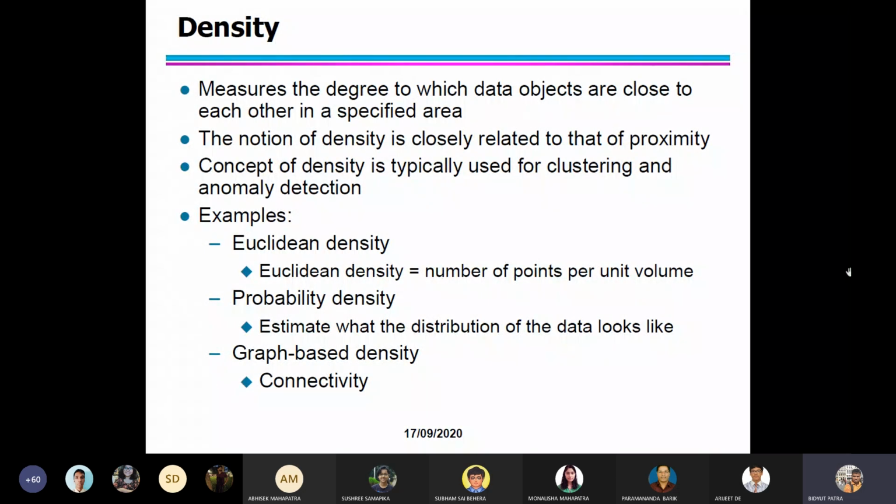So here Euclidean density is nothing but the number of points per unit volume. How do points come here? As I said at the beginning of the class, an object consists of a set of attributes. Sometimes we say this is a pattern, sometimes an entity, and sometimes a point.